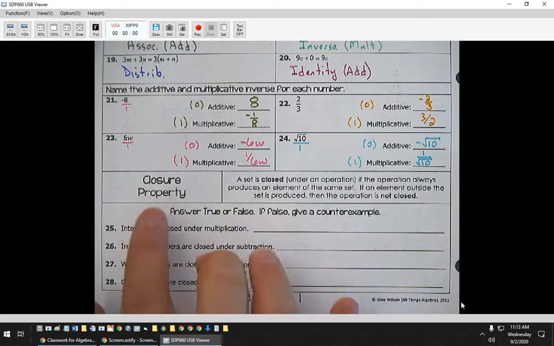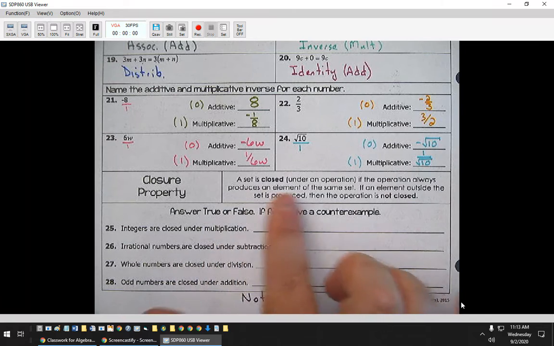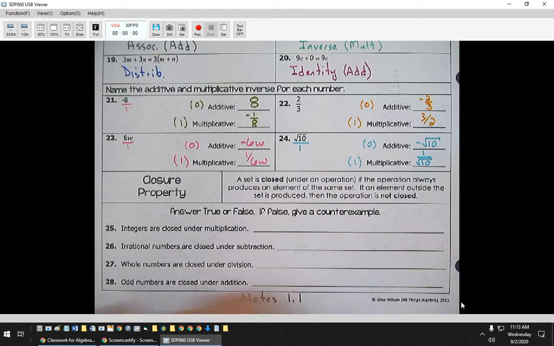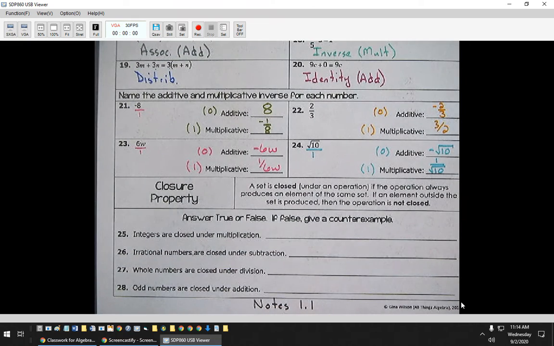All right, this phrase, closure. A set is closed under an operation if the operation always produces an element of the same set. If an element outside the set is produced, then the operation is not closed. For instance, let me give you an example here.